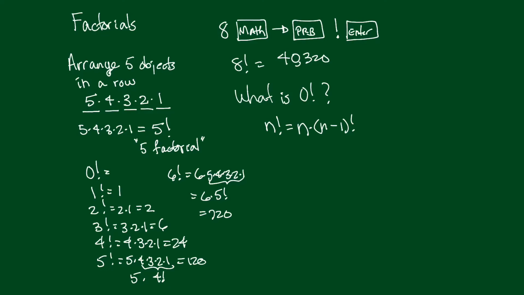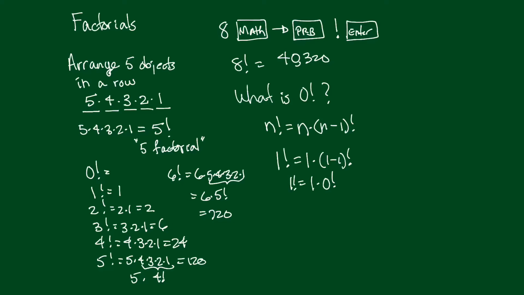Now what if I start here with 1 factorial? I'm going to get to 0 factorial. Well, we know 1 factorial to be 1. But according to our formula, what we could write is this. 1 factorial is you start at your number and then multiply it by the factorial of the 1 just below that, 1 minus 1 factorial, or 1 times 0 factorial.